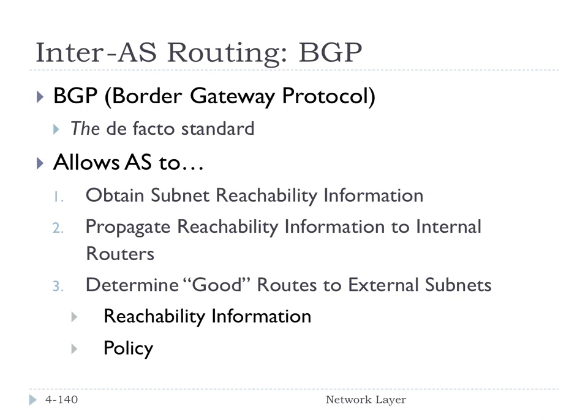It allows autonomous systems to obtain reachability information for other subnets. It allows autonomous systems to share that reachability information to internal routers as well. And it allows you to determine good routes to external subnets based on reachability and based on policy.